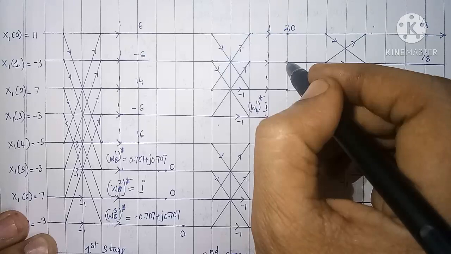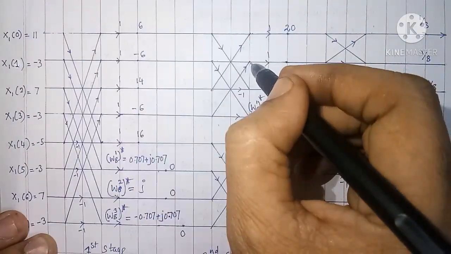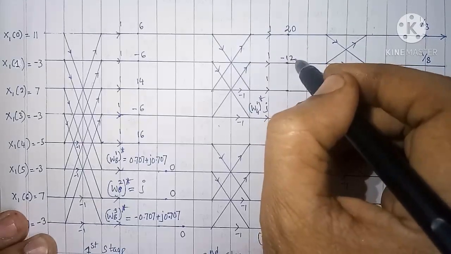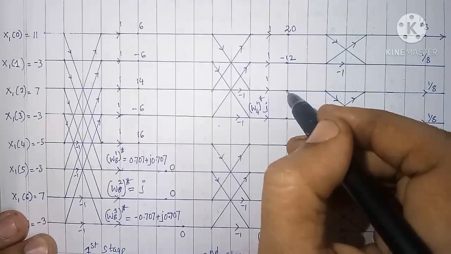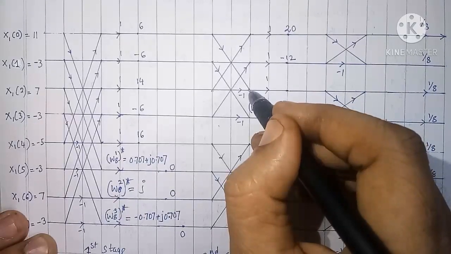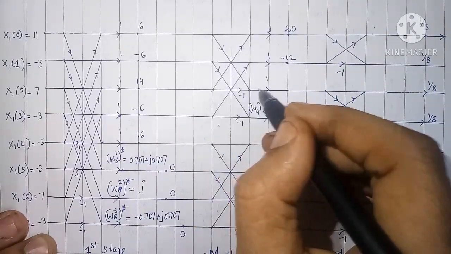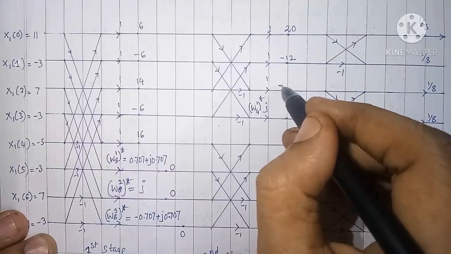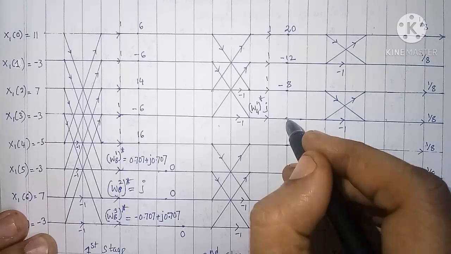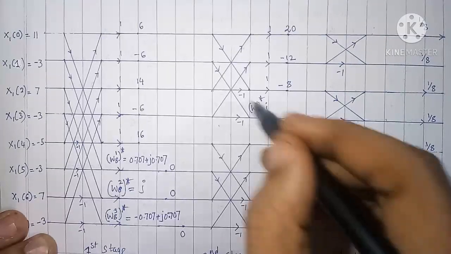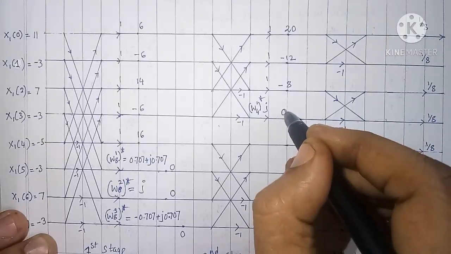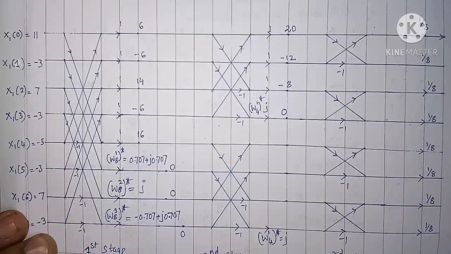Output at this point will be equal to minus 6, minus 6, minus 12. Output at this point will be 6 minus 14, minus 8. Output at this point will be minus 6 plus 6, 0.